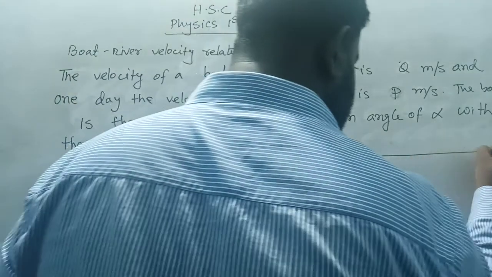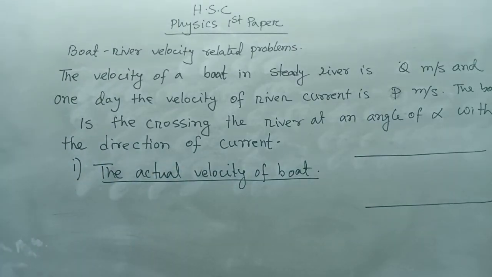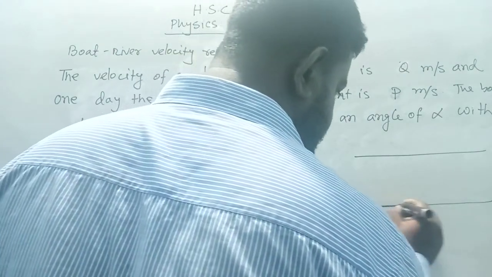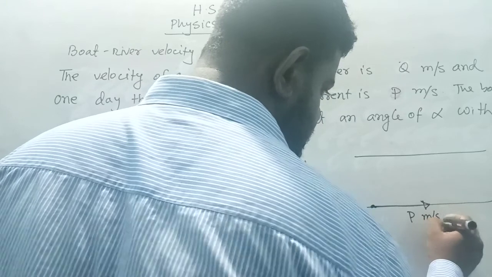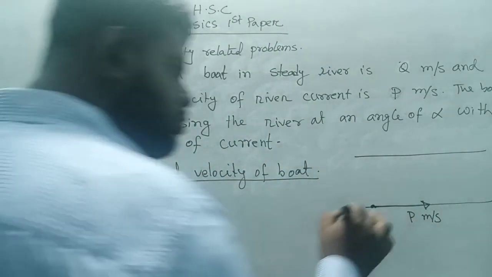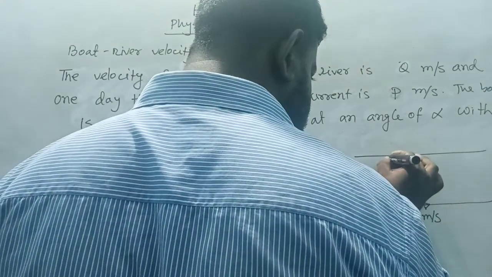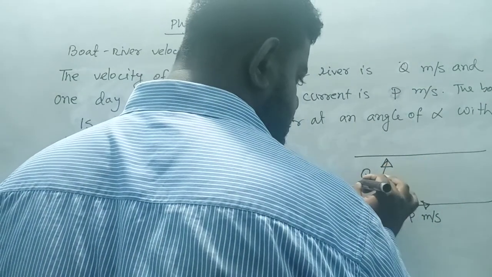Let us consider this is the river, and this is the river velocity. It is p meter per second. And for example, you are crossing with the boat at a velocity of q meter per second.